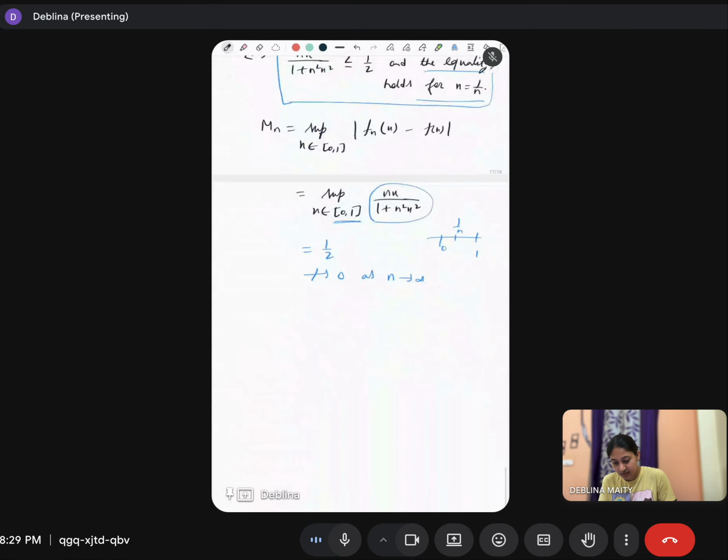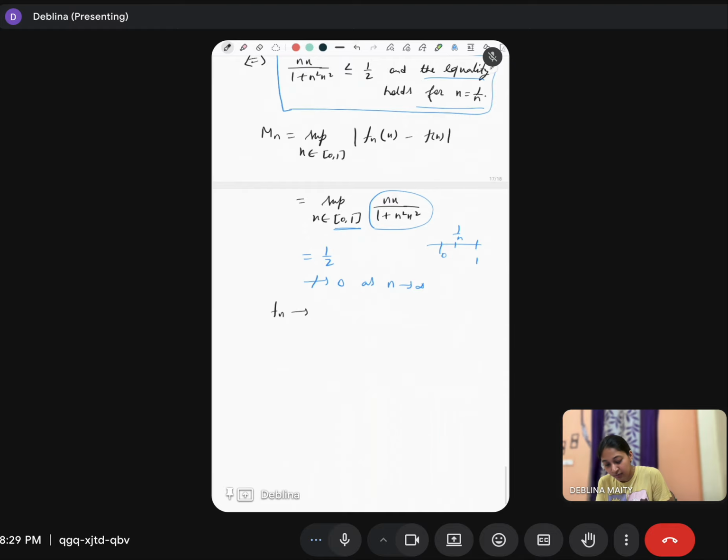So this means fn converges pointwise, but this sequence fn does not converge to f uniformly, right?